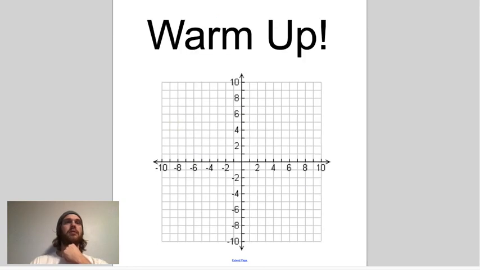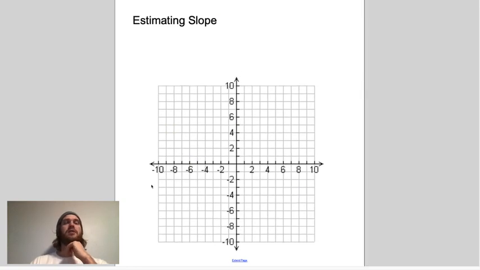One thing that is helpful to know, and you don't really need a graph to do this: if you have something that is flat, remember that is slope equals 0. If you have something that is positive and at like a 45-degree angle, which means it goes up the same amount that it goes over, that is a slope of 1.